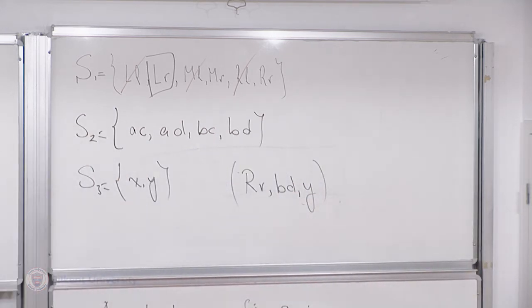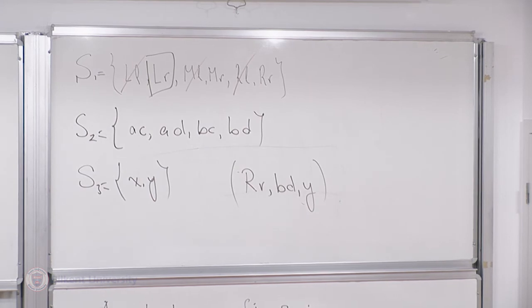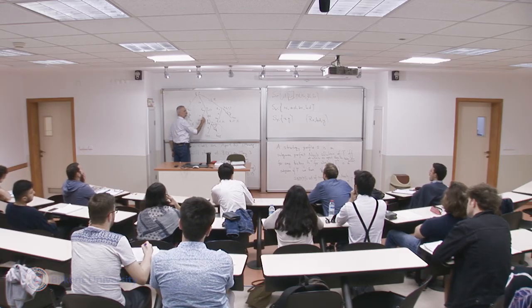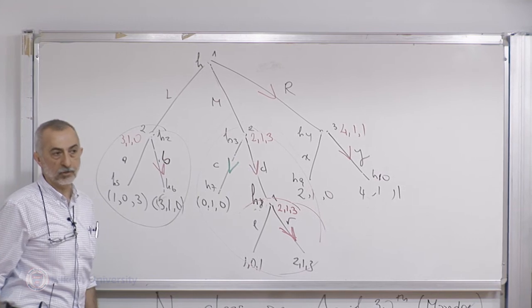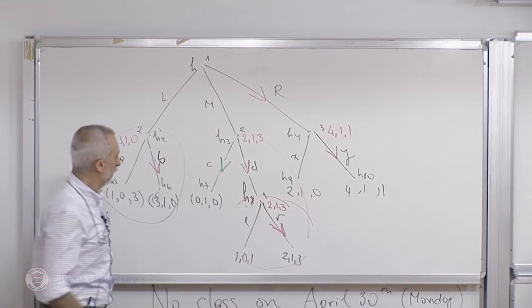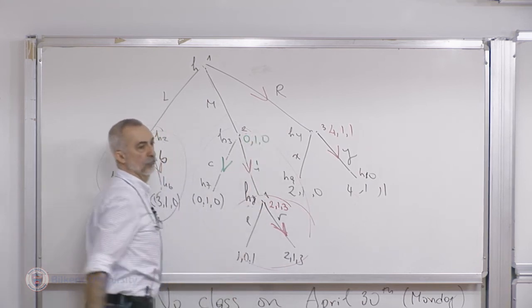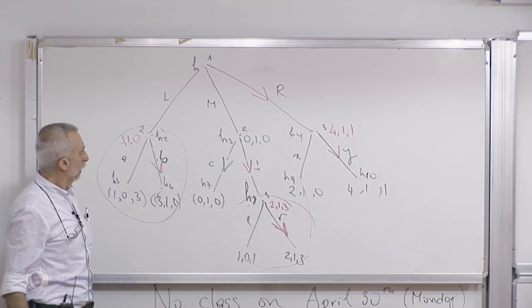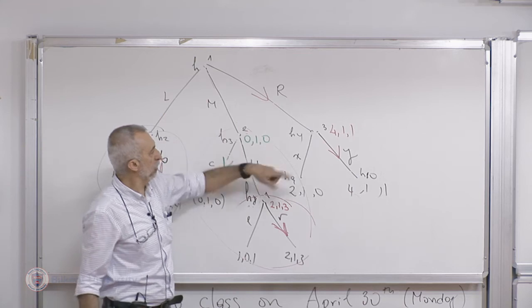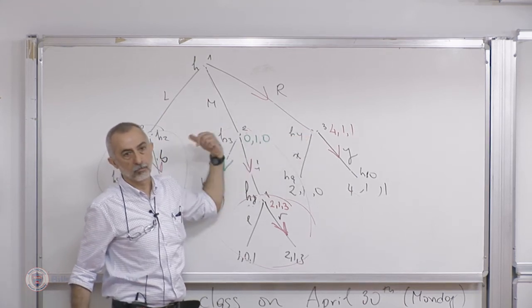But, as your friend suggested, at this point, player 2 could have taken the action D, in which case the payoff profile would be 0, 1, 0. Again, player 1 makes the comparison. Still, R is better.